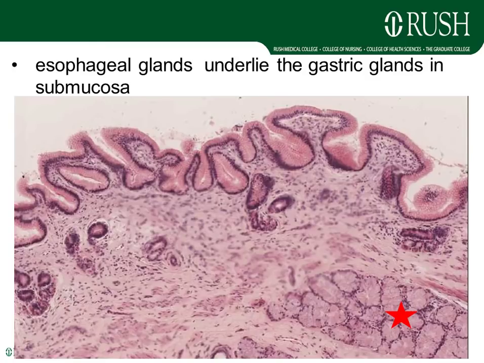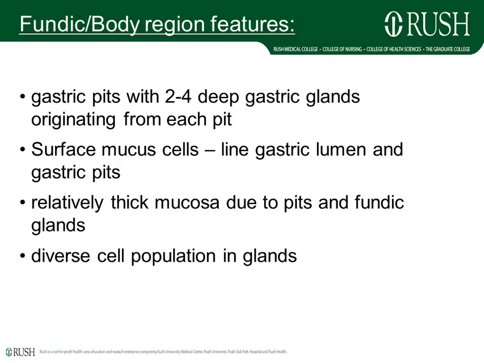In the very proximal portion, you can sometimes see portions of the esophageal glands, just as we did in the esophageal cardiac region. Now, as you move into the fundus and body regions of the stomach, the gastric glands change.